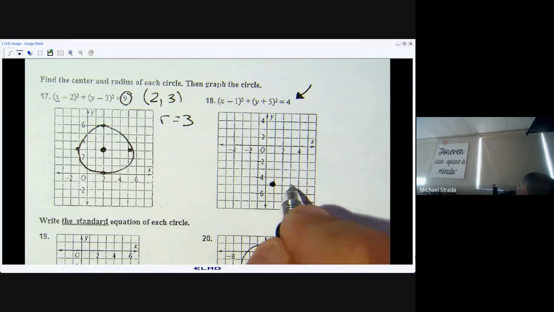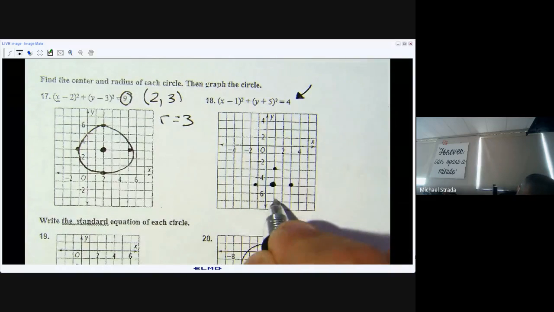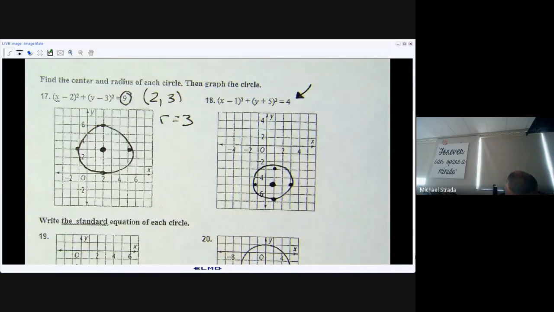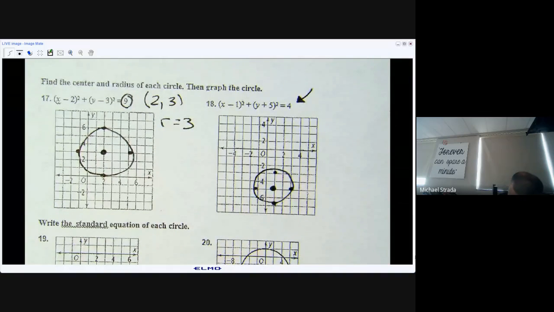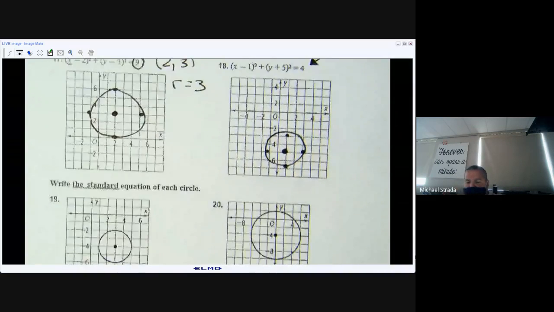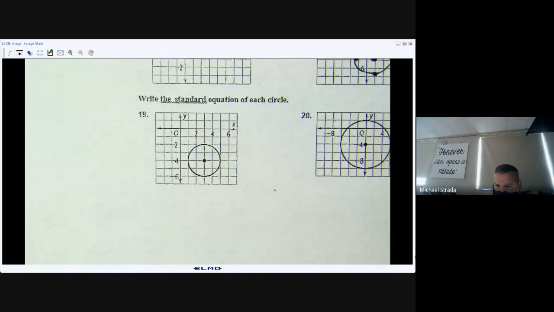So I would go over 2 in both directions. Then I'd go up 2, down 2, and do the best circle I possibly can.